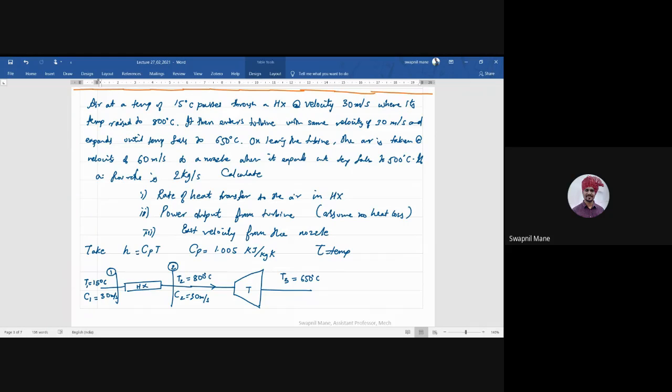And what about the velocity C3? 60 meter per second. Correct. So C3 will be equal to 60 meter per second. This is further taken into what? Nozzle. So we will have a nozzle.